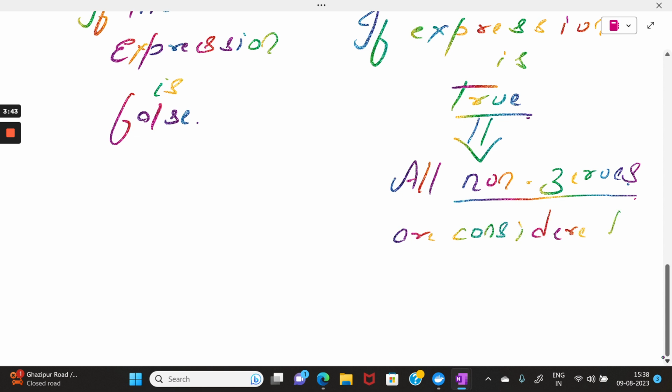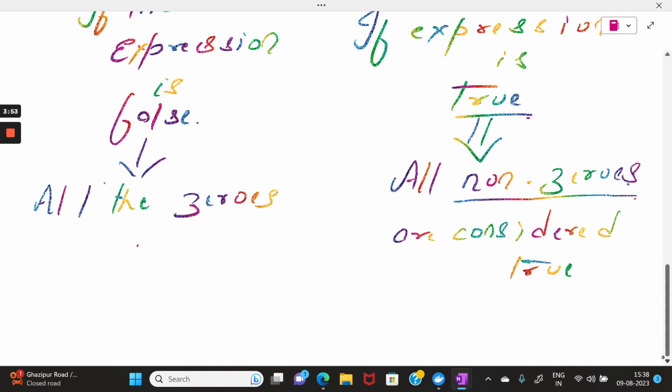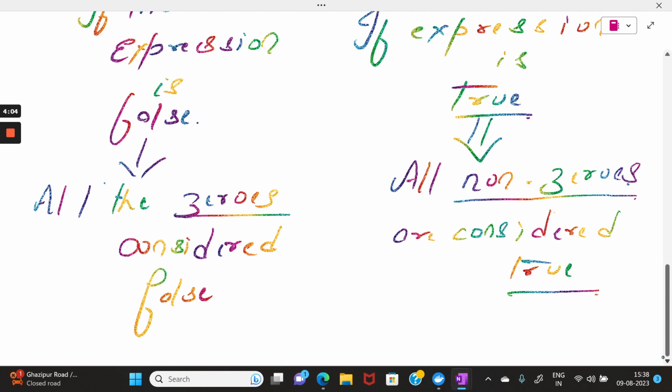And for false, there is only one zero, which is considered as false. If the expression computes to any non-zero integer, it is considered as true. And if the expression computes to zero, it is considered as false. So this is the basic thing that we have to note.